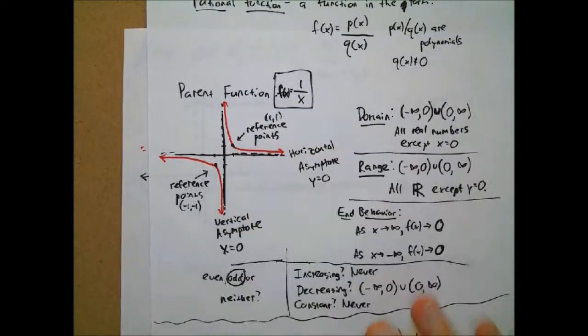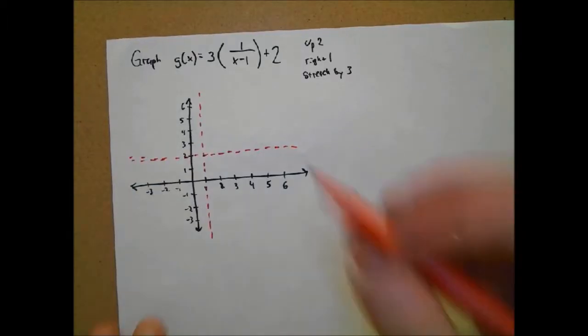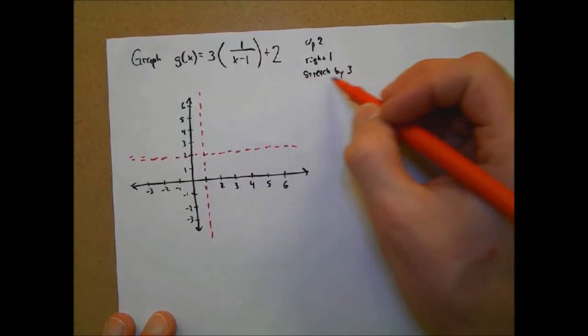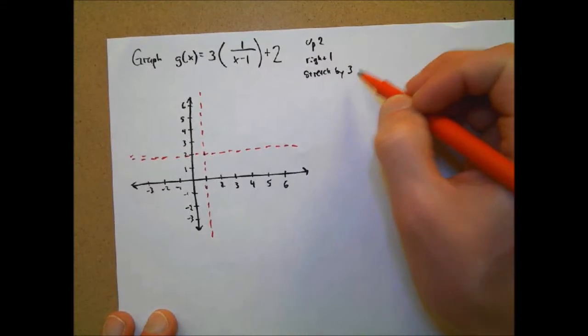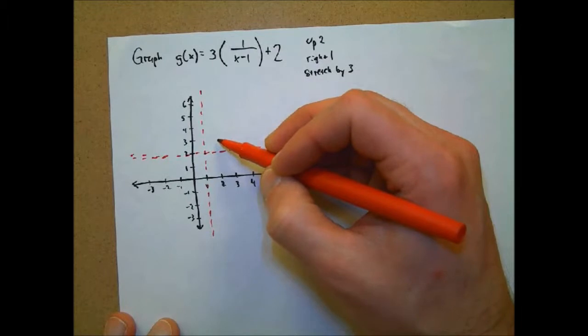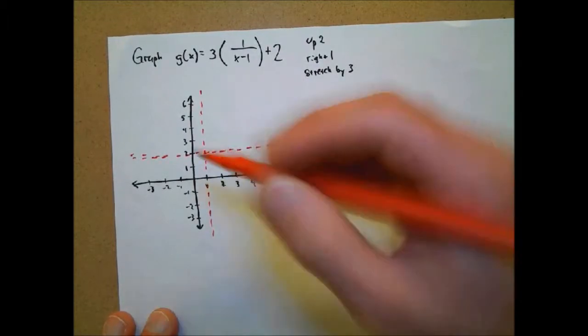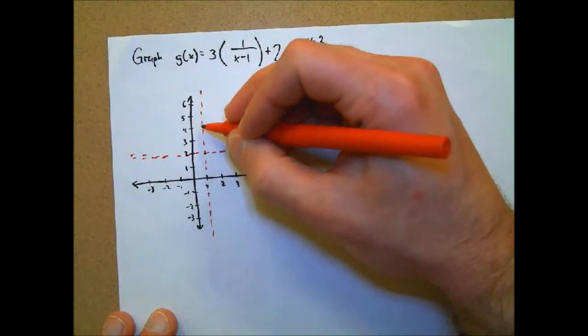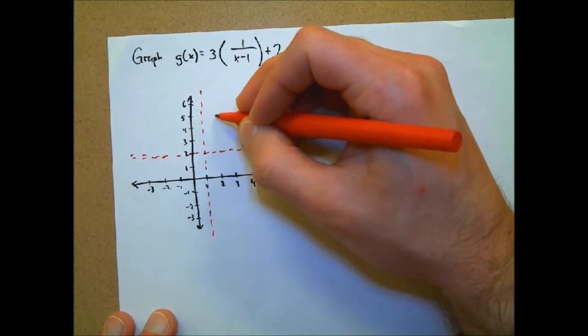So here, since we are stretching by 3, I'm not going to go up 1, right 1. Instead, I should go up how much? Up 3. So from here, I'm going to go up 1, 2, 3, and then right 1, and there's a point on my graph.